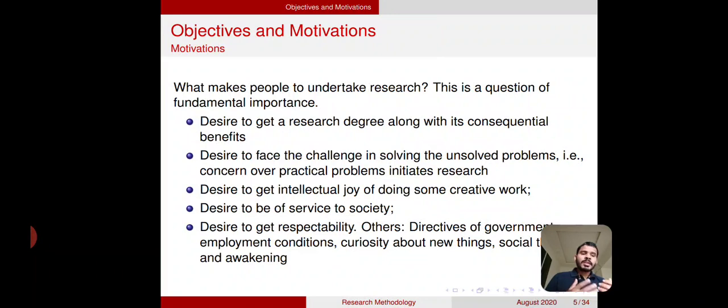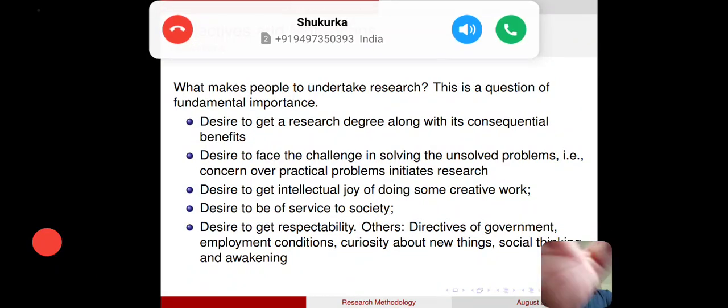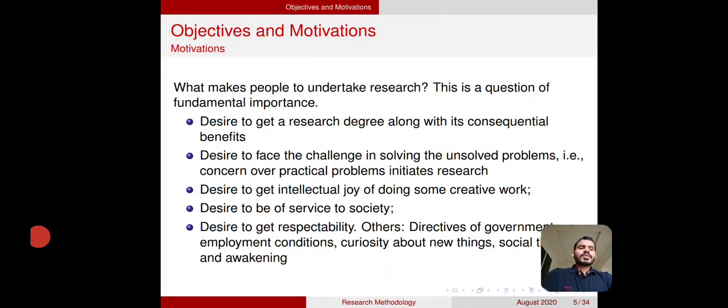In the BSc and MSc we have projects, but we are not getting a separate degree for them. We get the BSc degree, with some projects as a part of that degree. But after doing the PhD, we get a new degree itself. So that is another motive.